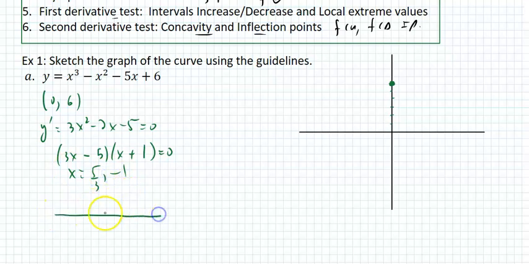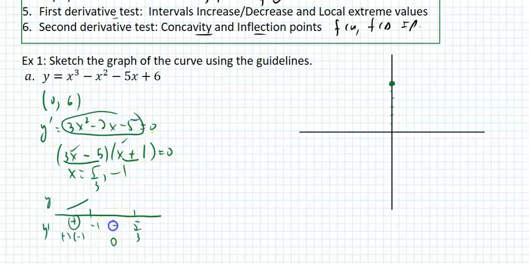I'm going to test around negative 1 and 5/3. If I test to the left of negative 1, say negative 2, negative 6 minus 2 is negative. Negative 2 plus 1 is a negative. Negative times a negative is a positive. The function is increasing. And if I pick a point between, 0 is ideal. That gives me a negative.